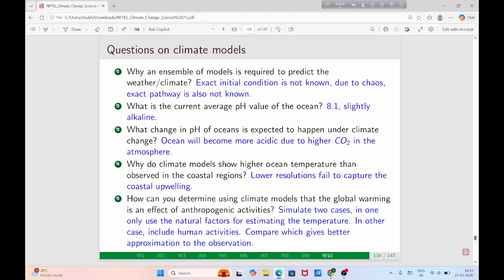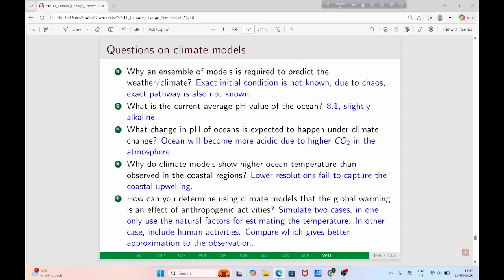So in one case you just use the natural factors which can account for the temperature change or temperature variation in the earth. And in the second model, keep the natural factors, but include the human activities as well, anthropogenic factors as well, and see which one matches the observation better.